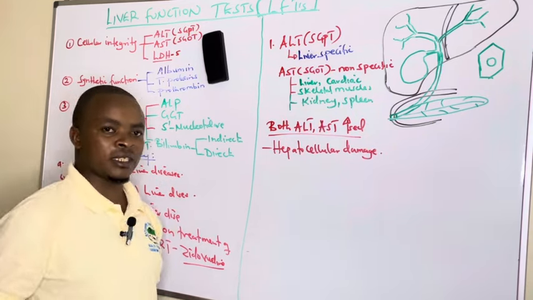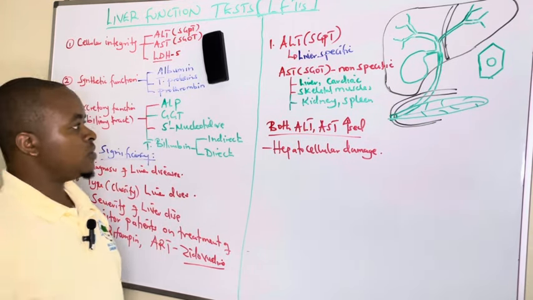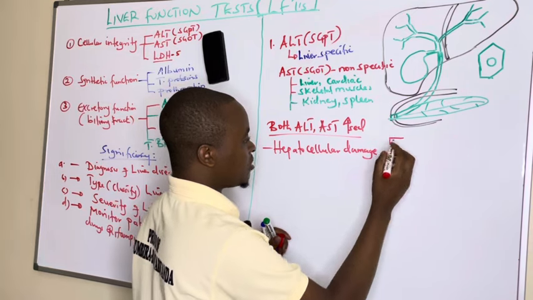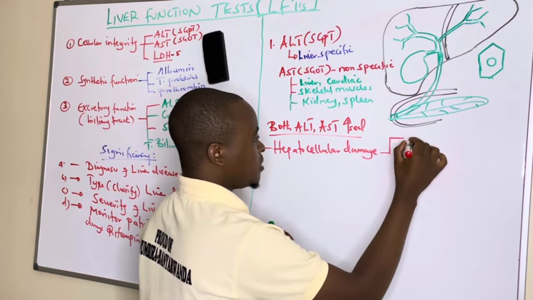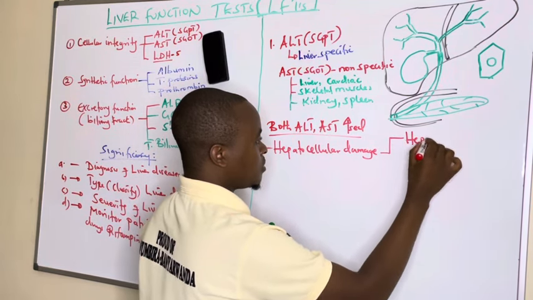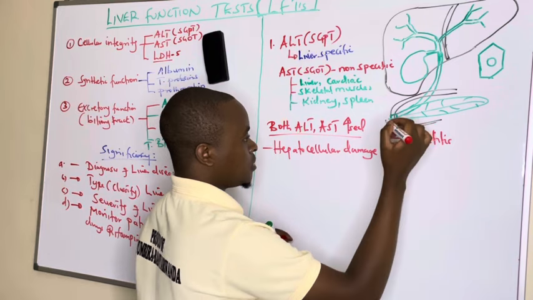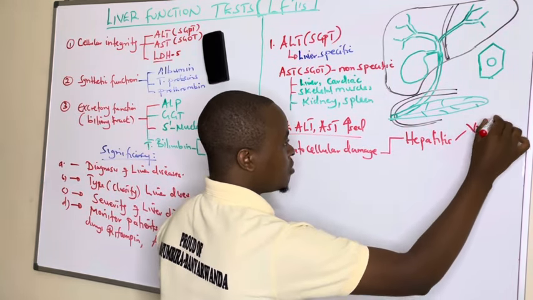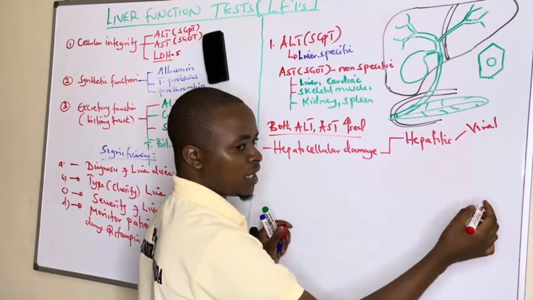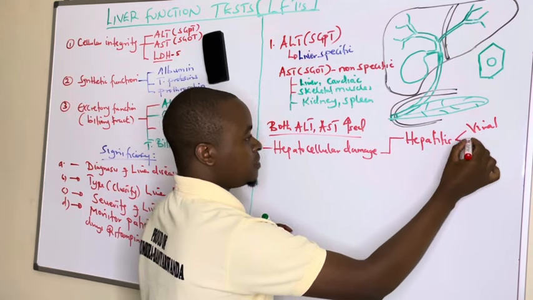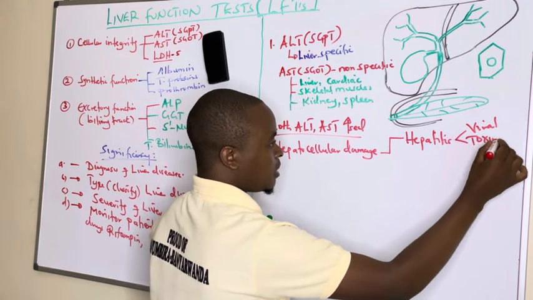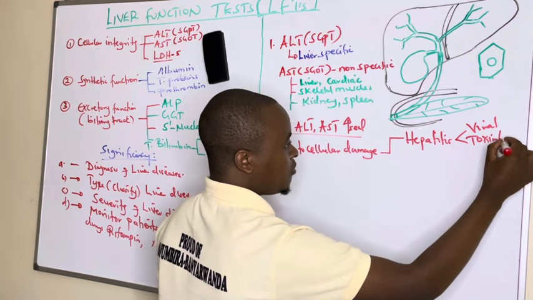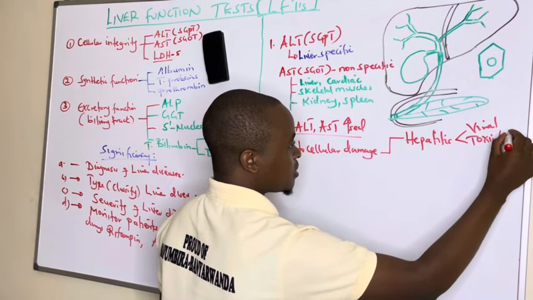And which are those diseases that cause hepatocellular damage? We see them in conditions of hepatocellular damage, majorly in hepatitis. This hepatitis can be caused by viruses like hepatitis B and C. It can be toxins or drugs like paracetamol, also called acetaminophen.